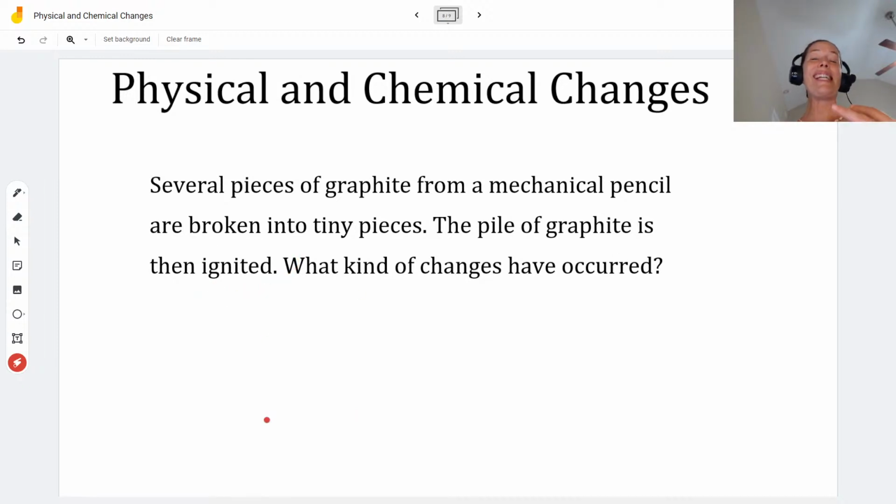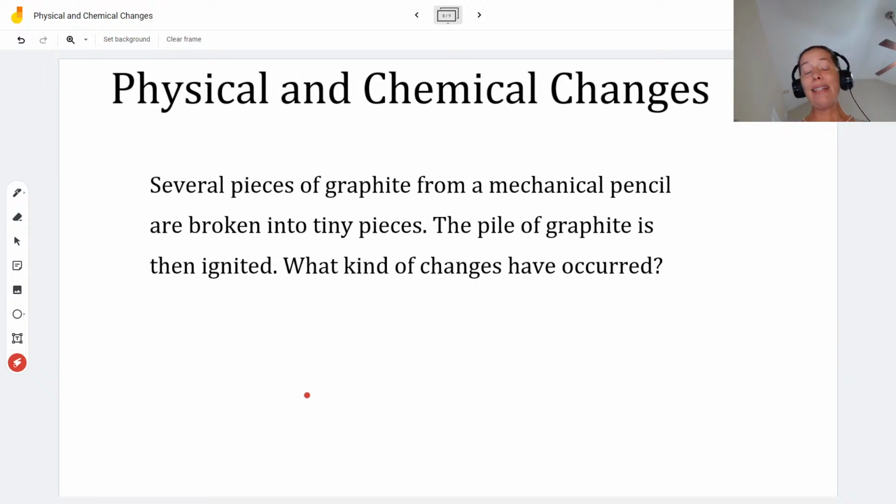Okay, so if it's ignited, that means it is burning. We're undergoing combustion at that point. So if we're undergoing combustion, we've got some flammability there, then that is going to be a chemical change. So in this situation here, broken into tiny pieces, physical change; ignited, chemical change.